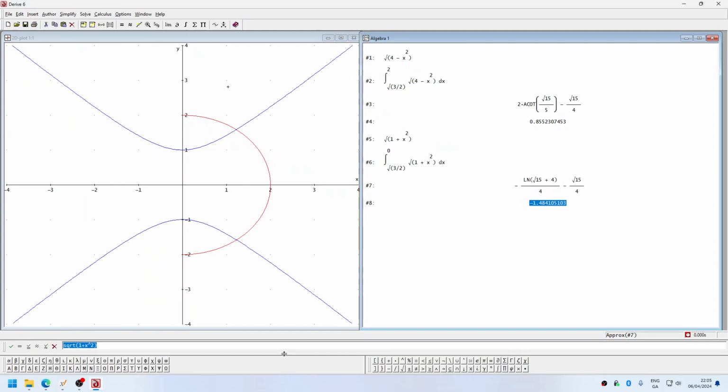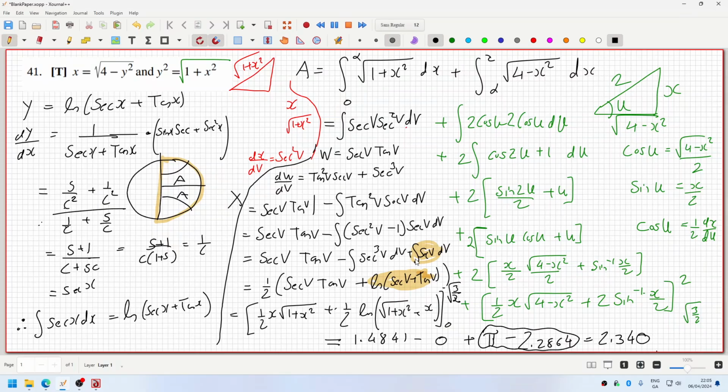Hmm. Oh, well, I typed that in backwards, so it's 1.4. Oh, that's what I got. Interesting. So believe it or not, my answers are correct here. So the A is 2.30.